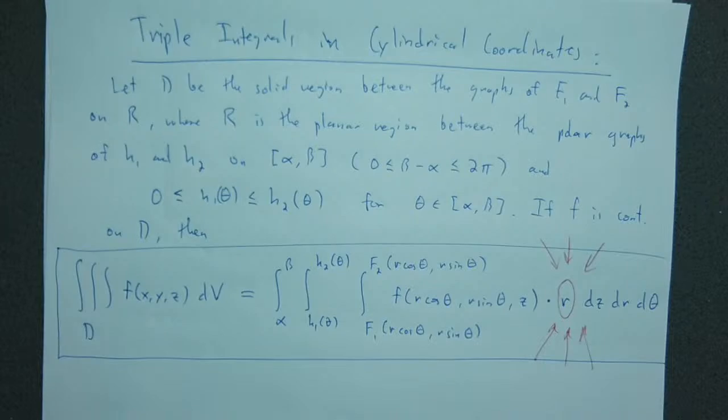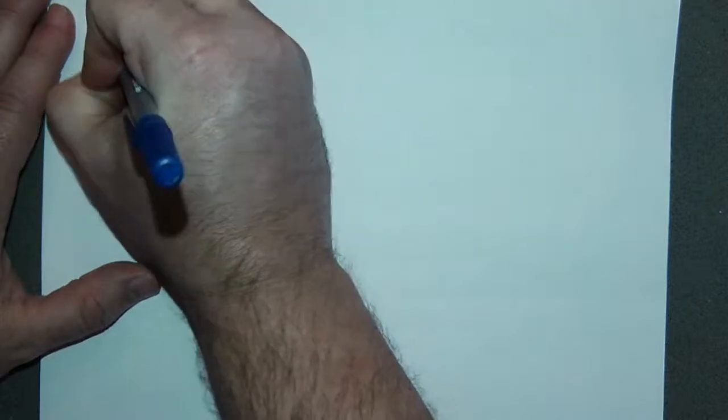Okay, so now let's look at a couple of examples to see how we apply this. So let's consider the following. All right, so let's pick just a nice solid first example here.